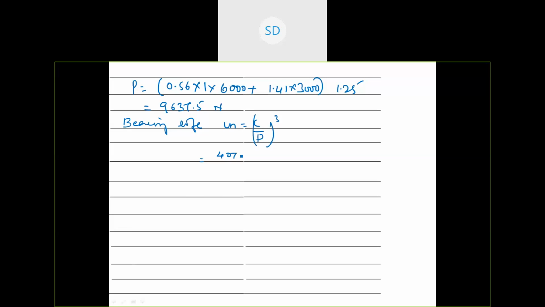Now C is 40700 divided by P, which is 9637 whole to the power of 3 here.